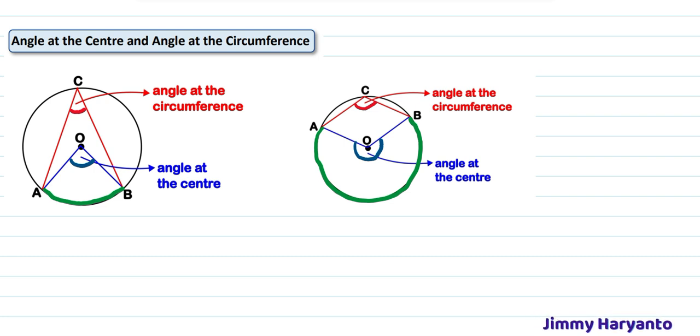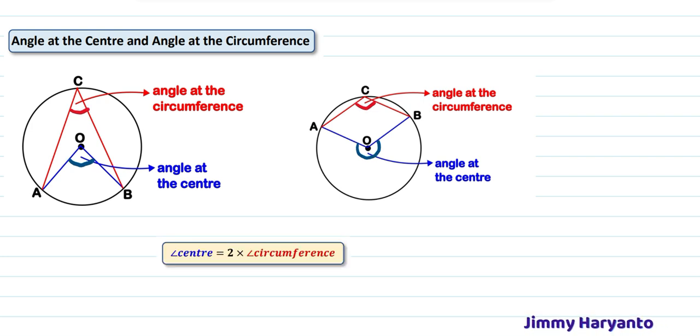So I will call them the corresponding angle at the circumference and at the center. This one is very important, guys. You have to know which one is the corresponding angle at the circumference and at the center. And then the connection between the angle at the center and circumference is that the angle at the center will always be 2 times the angle at the circumference. So this is the formula for angle at the center and angle at the circumference.